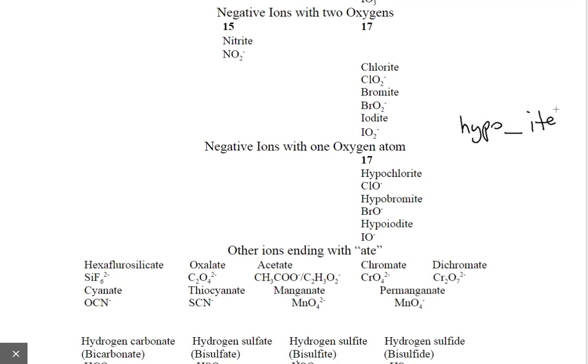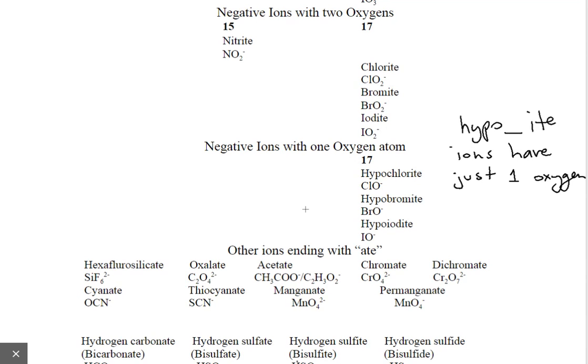So hypochlorite, hypobromite, and hypoiodite, hypo-ITE ions have just one oxygen with the halogen that it's combined with. So chlorine, oxygen, -1 charge. Bromine, oxygen, -1. And iodine with oxygen and a -1 charge. Okay, so those are the hypo-ITEs.